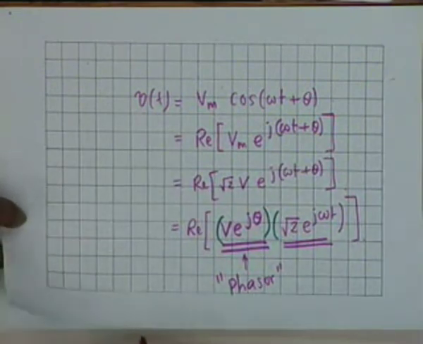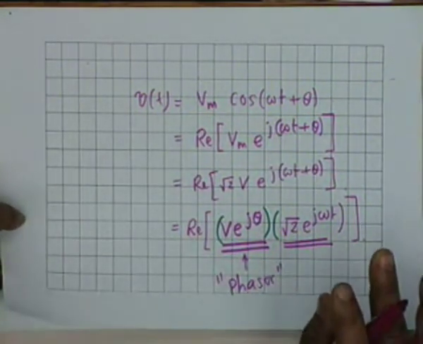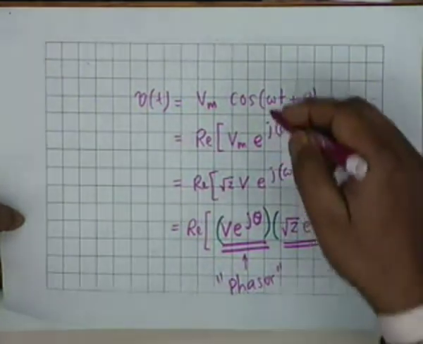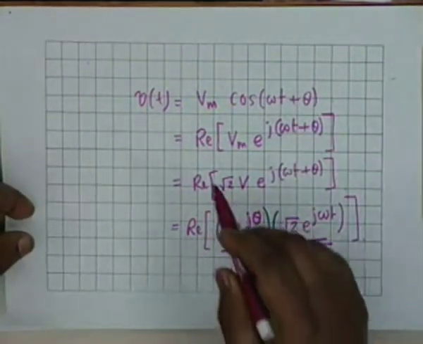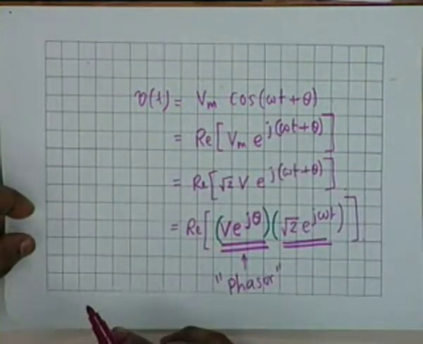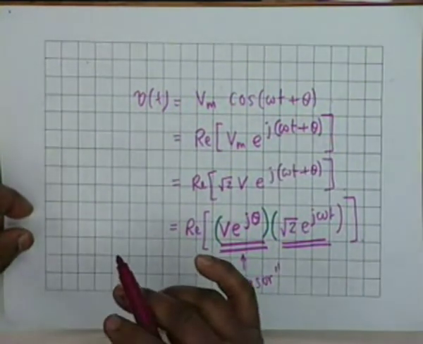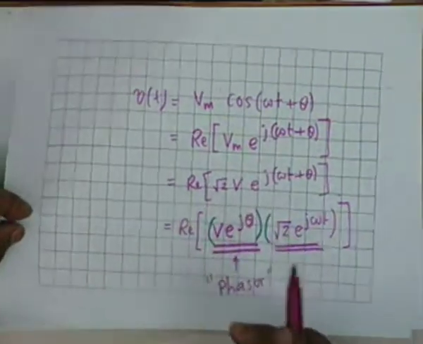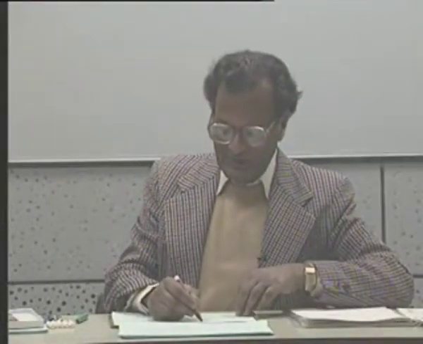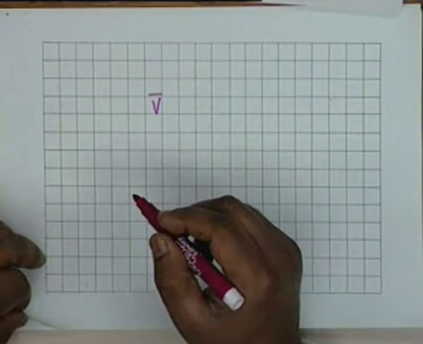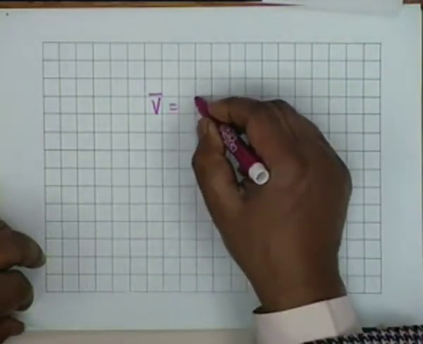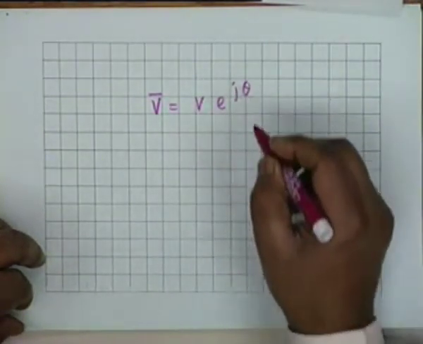Therefore, if we are considering only sinusoids of frequency omega, then the representation of v(t), V_m cosine(omega t plus theta), although it is a real quantity, is represented by a complex number which we call V bar, the voltage phasor, which is equal to V e to the power j theta.